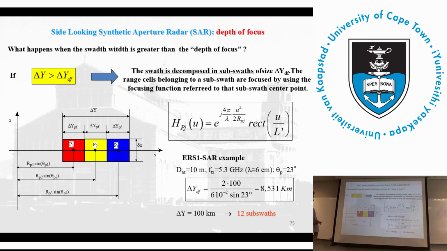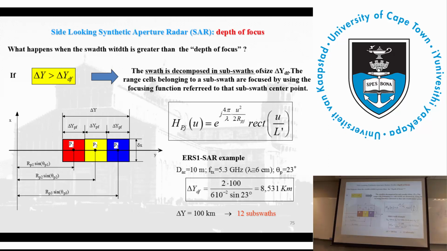The operating frequency is 5.3 gigahertz. It's a C-band radar, so lambda was 6 centimeters. And the incident angle is 23 degrees for ERS-1.